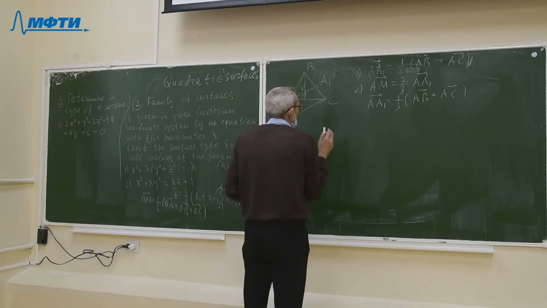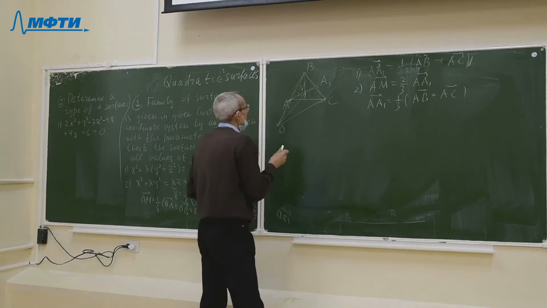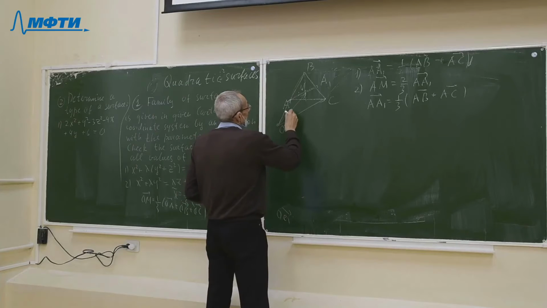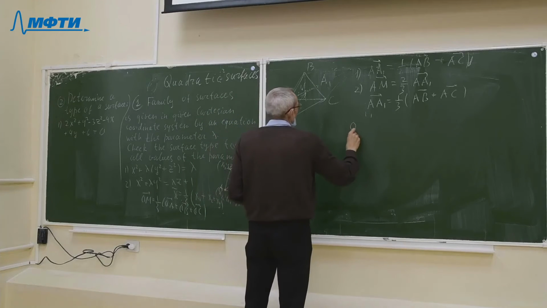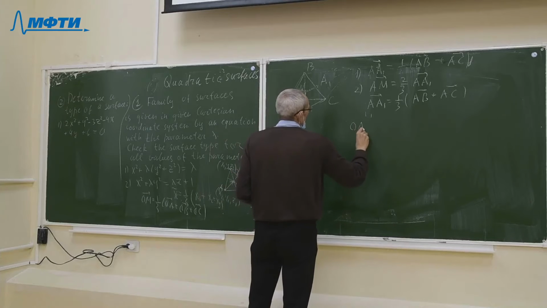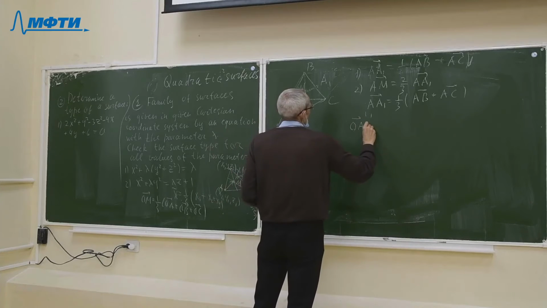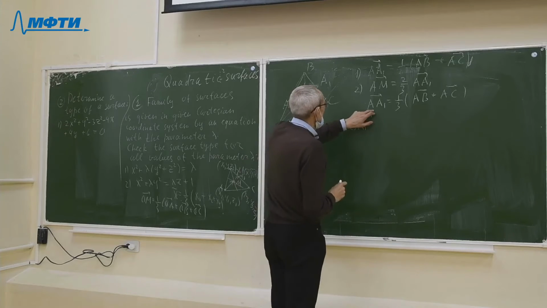It is easy to see that the vector A1 is equal to O A1. I'm sorry.